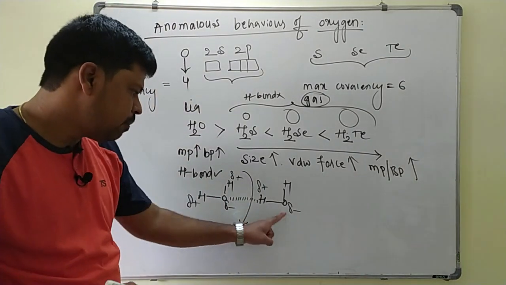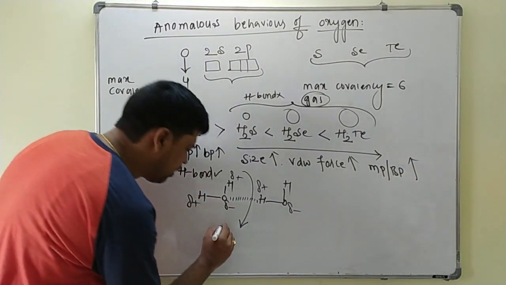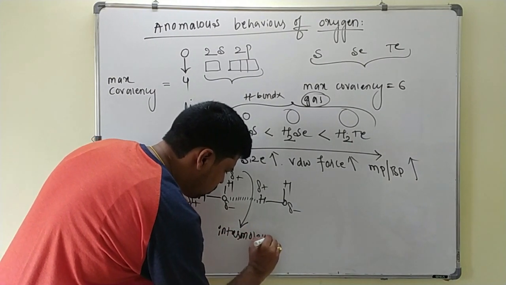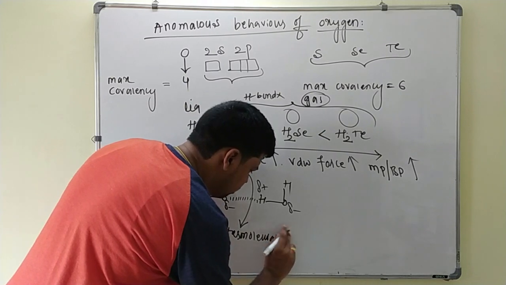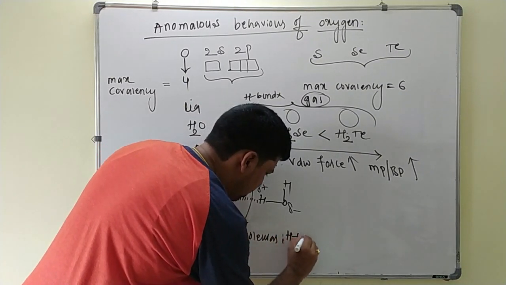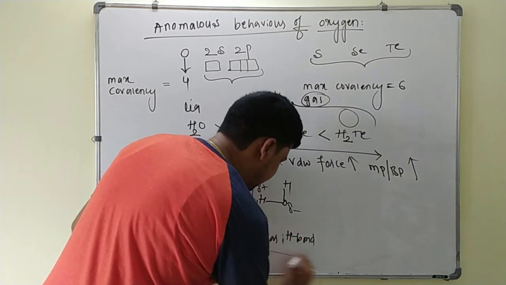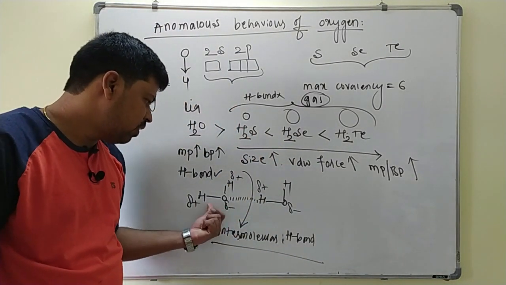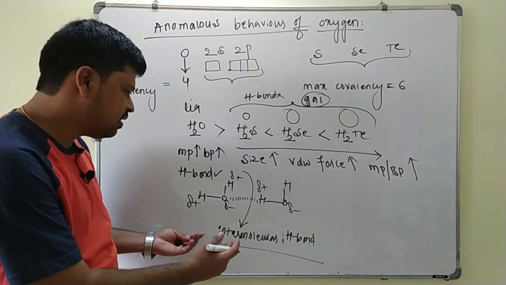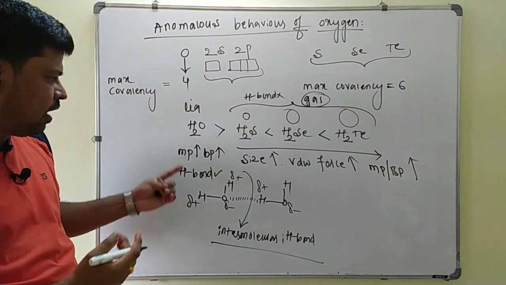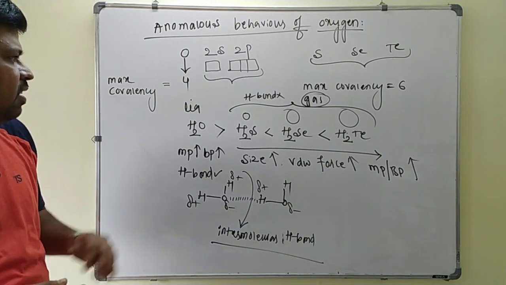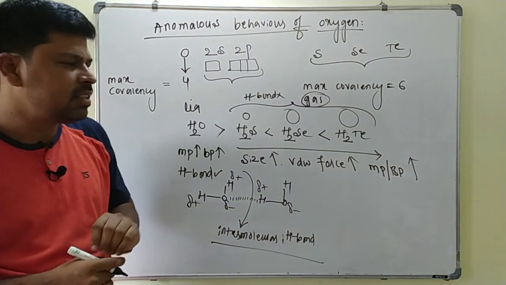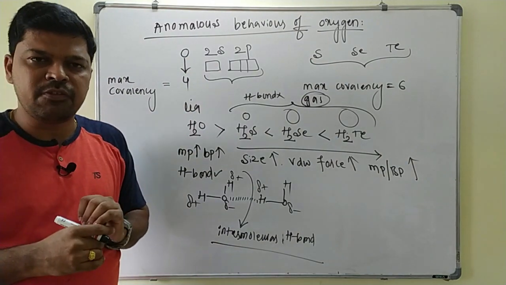Since it is formed between two molecules, it is intermolecular hydrogen bonding. Due to the intermolecular hydrogen bonding, the force of attraction between the molecules increases, hence their escaping tendency decreases, and their melting and boiling point increases. These are the points of difference between oxygen and the remaining elements, and this is about the anomalous behavior of oxygen.